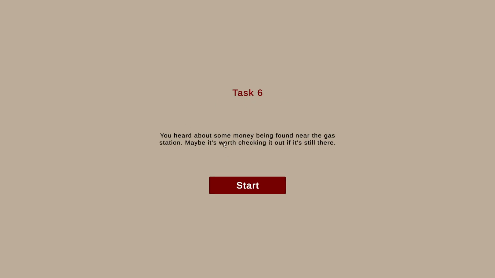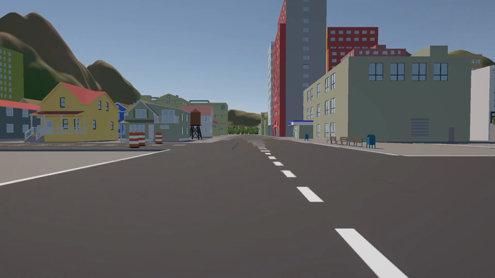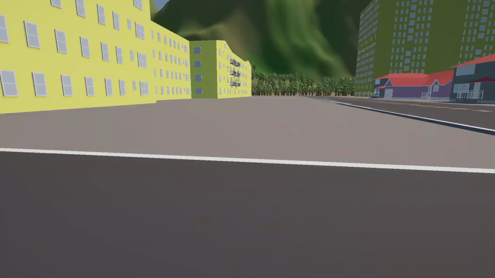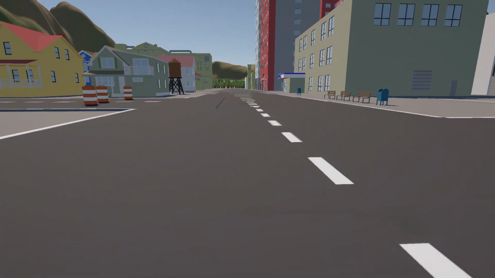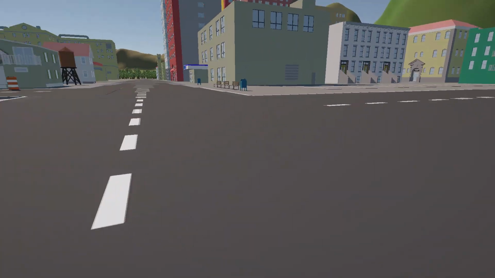Task 6. You heard about some money being found near the gas station. Maybe it's worth checking it out if it's still there. Okay. You shouldn't pick up money lying on the road, FYI. But this is a good example. Let me talk about it. So this one, I wanted to block this road, but I didn't want to block this one as well.